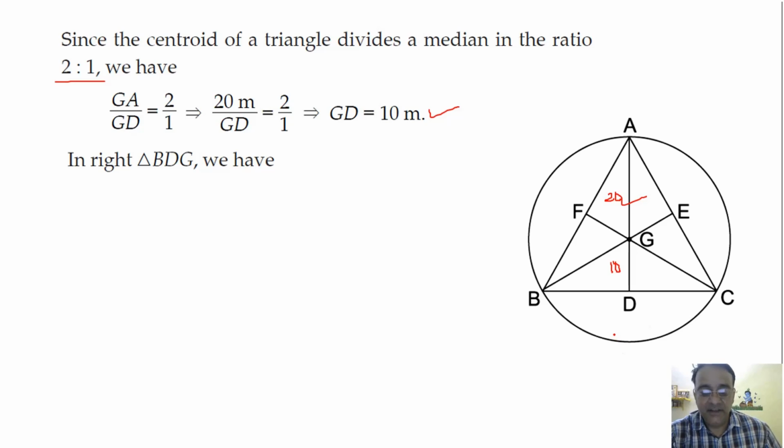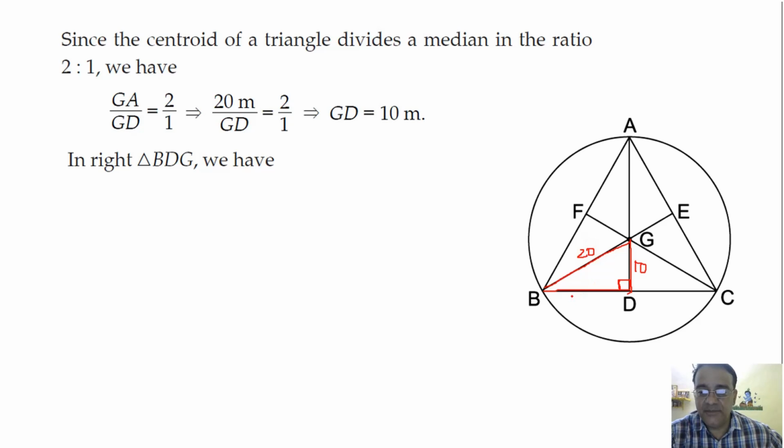Okay, fine. Now what will we do? We will take this triangle, BDG triangle. And I already told that altitude and median are the same. We got this as 10 and this is already given as 20.